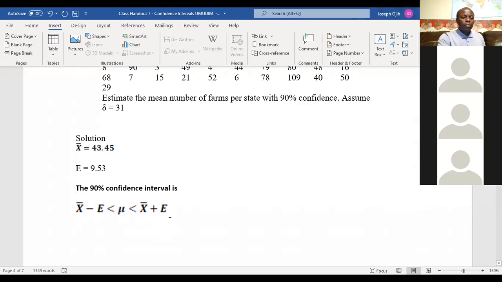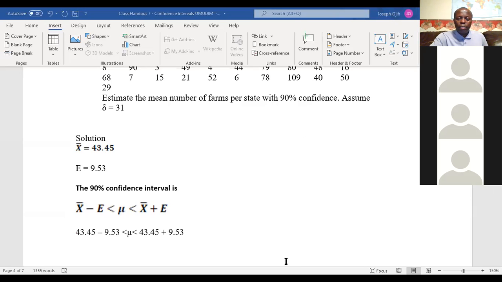So X bar is 43.45. 43.45 minus the error of 9.53 is less than the mean, and then less than 43.45 plus the error of 9.53.